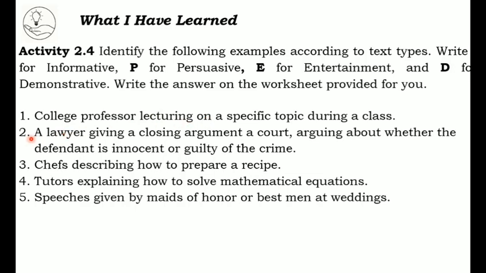Number two, a lawyer giving a closing argument in court, arguing about whether the defendant is innocent or guilty of the crime. This is under persuasive because of the word arguing.